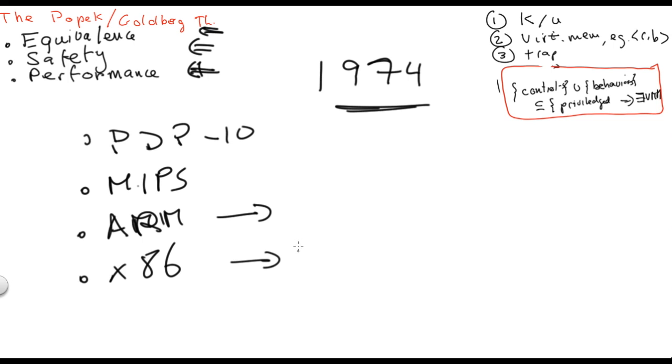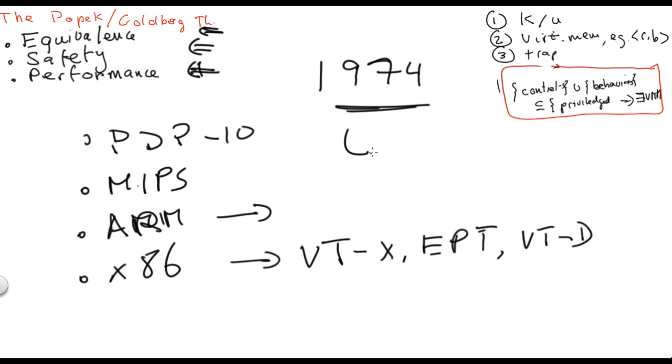For example, the x86 architecture has added a virtualization extension known as VT-x, extended page tables, and a virtualization of the I/O subsystem known as VT-d that provide end-to-end architectural support for virtualization. So if you're interested in going into the details of the theorem as it was published in 1974, I recommend that you read the paper itself. This was published in Communications of the ACM.